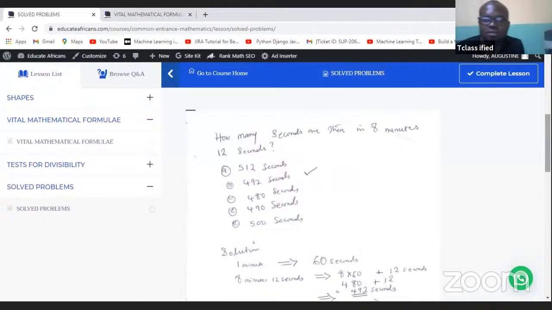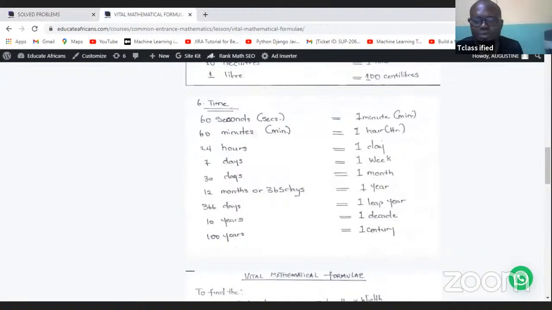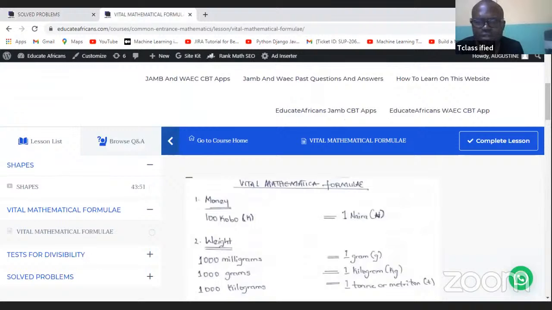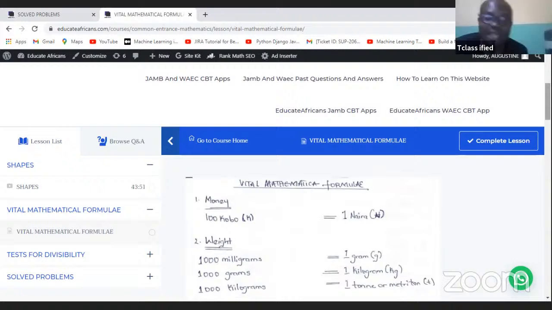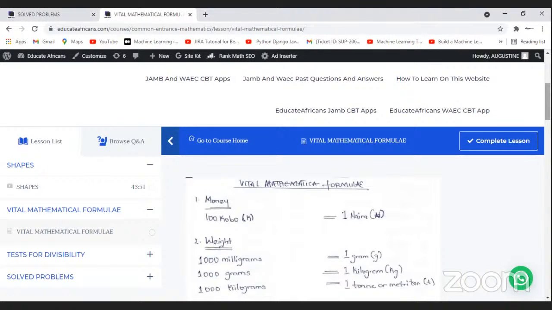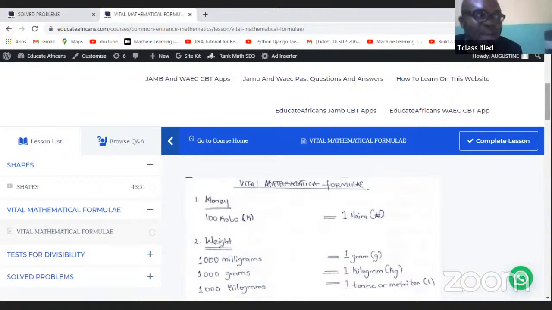Have you written number one? Yes. Number one is, how many kobo are there in 2 naira 25 kobo?